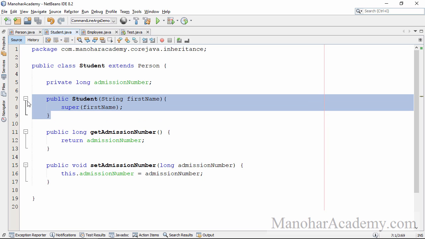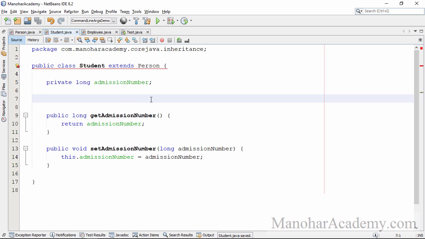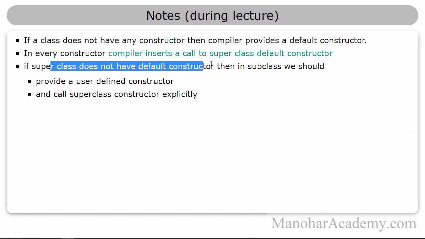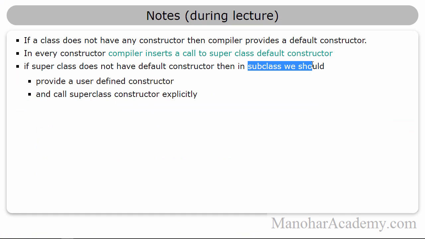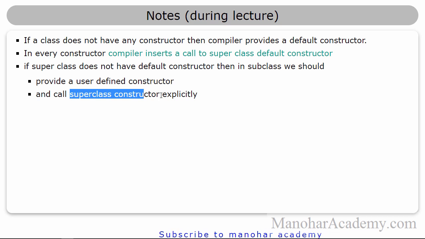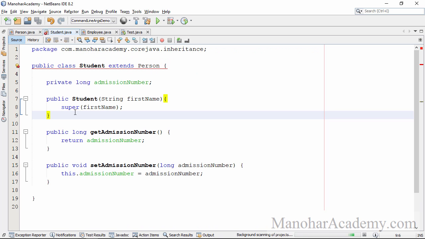If I don't do that, this class doesn't have a constructor, so the compiler is going to insert the default constructor and also a call to the superclass constructor, and it fails. Because of that, whenever the superclass doesn't have a default constructor, the subclass should provide a constructor. At the same time, it should call the superclass constructor explicitly, as we did here.